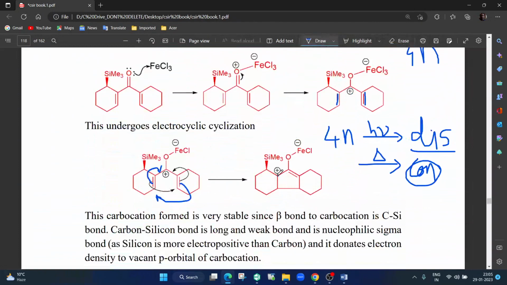So if positive charge is at a carbon beta to the carbon silicon bond, then it is very stabilized. Why does it happen? It is basically because silicon is more electropositive and carbon is more electronegative. So you know something like Grignard reagent.